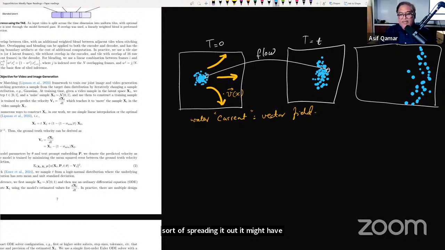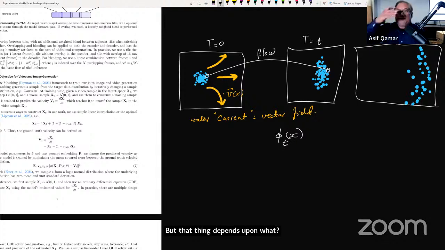But you would agree that the flow position, where each point x is later, is a function of time. That depends upon what? It depends on the vector field.